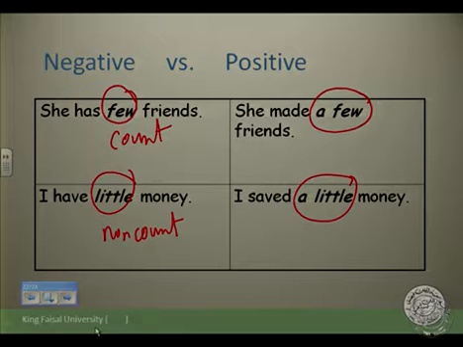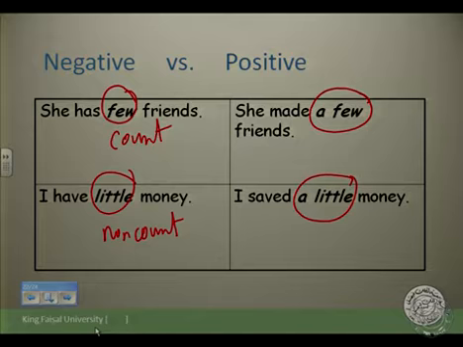So she has few friends. She made a few friends. Well, it means someone who went to a new country, a new city, but she was able to make a few friends. This is something positive. So it is in the expression, the meaning that we want to convey to others.